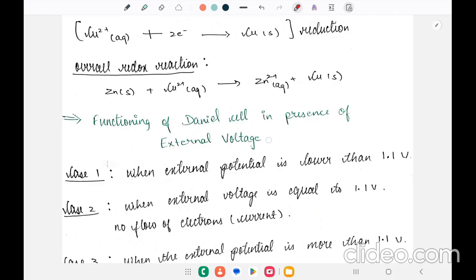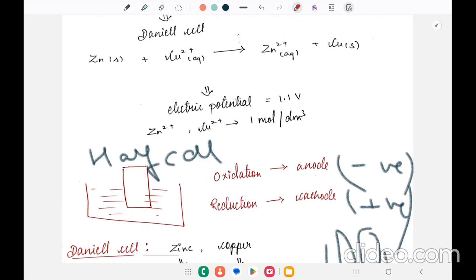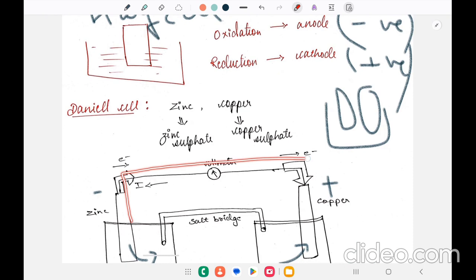So if we apply an external voltage which is lower than 1.1 volt, then the electrons will as usual flow from the zinc rod to the copper rod, and hence the current will flow from copper to zinc in the opposite way of the electrons, and hence there will be no change because in the same way here the copper will get deposited.